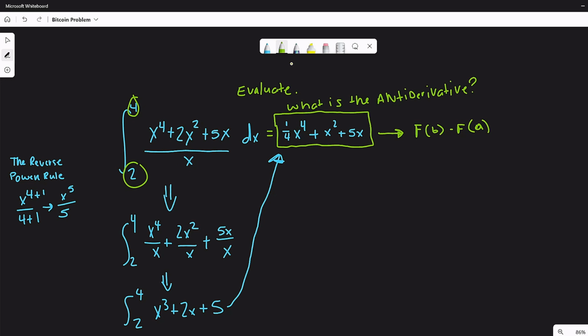So we will plug it in, and we get 1/4 times 4 raised to the 4th power plus 4 squared plus 5 times 4, minus 1/4 times 2 to the 4th power plus 2 squared plus 5 times 2.